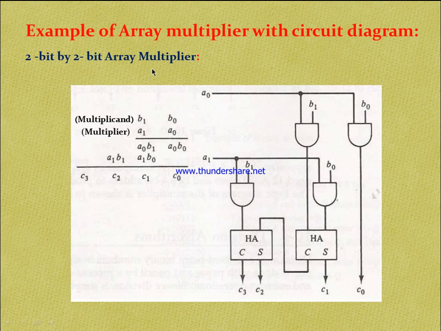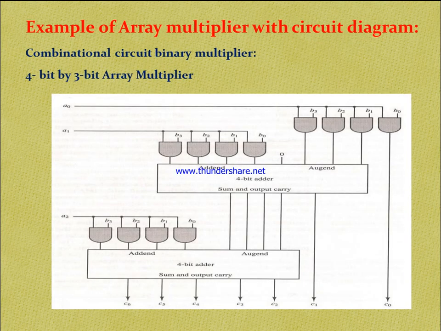Similarly, we can choose another example of a 4-bit by 3-bit array multiplier. That means the multiplication of a 4-bit number with a 3-bit number using a combinational circuit. We know that the multiplier bits are given one by one and the multiplicand at a time.